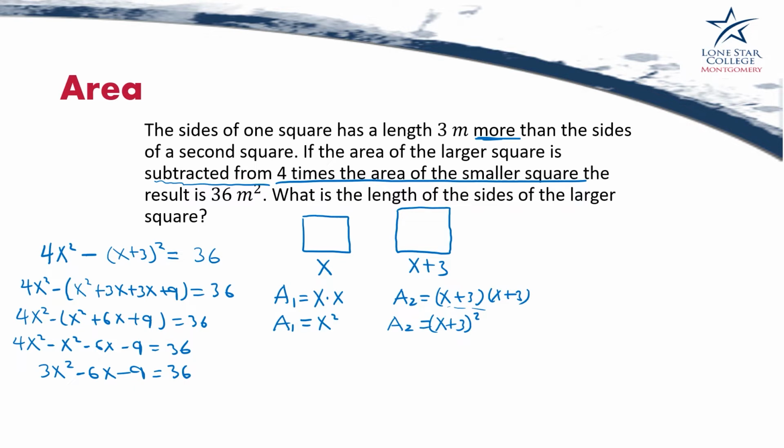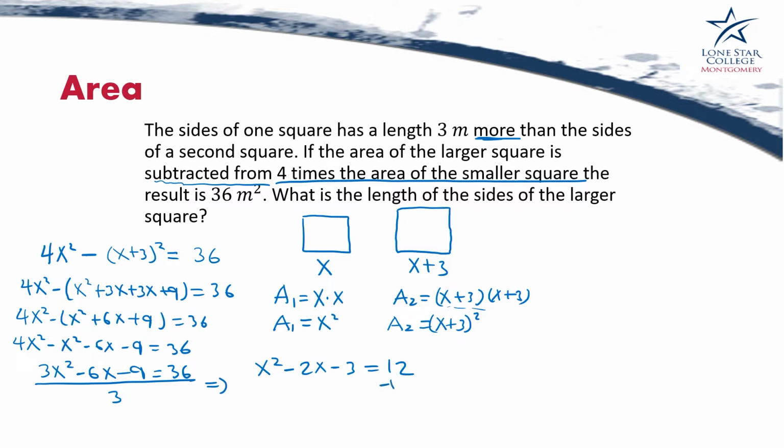So the rule for quadratic equations when we're solving is we want to get everything to one side. But we notice that all of the coefficients here, 3, 6, 9, and even the 36, can be all divisible by 3. So we want to do that just to make our equation easier to work with. So when we divide everything by 3, we get x squared minus 2x minus 3 equals 12.